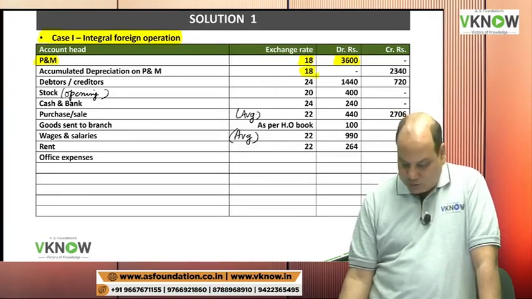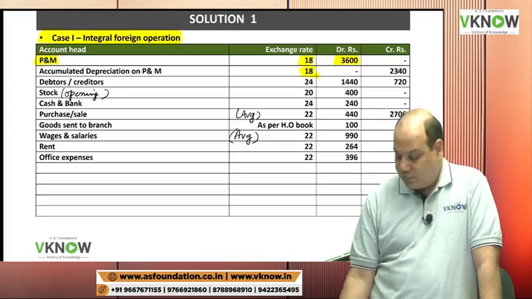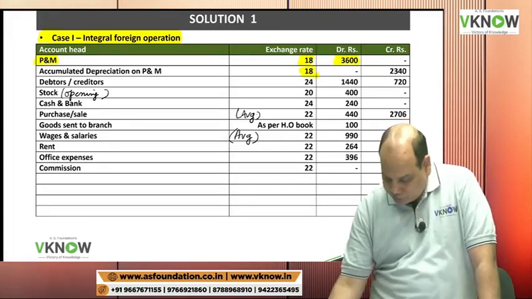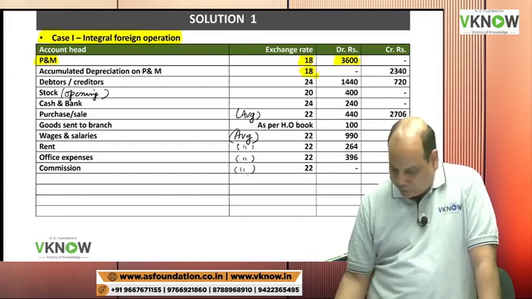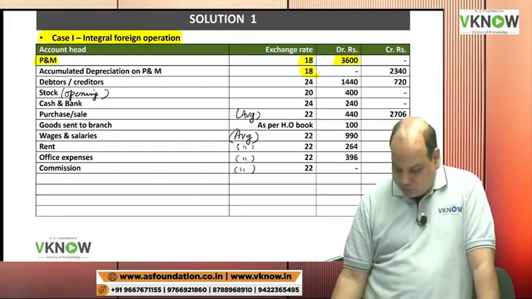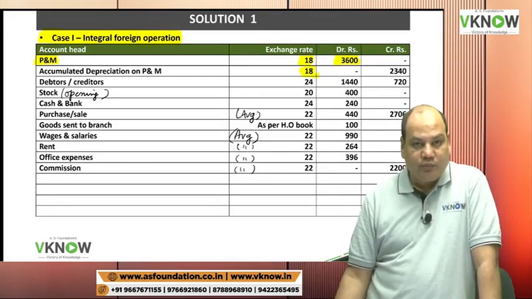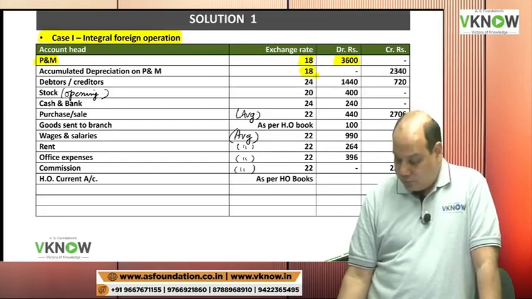Office expenses, again average, 22 into 18 is 396. Commission, again average. All these income and expense items are at the average rate. Commission receipt means it is an income. 22 into 100 is 2200.